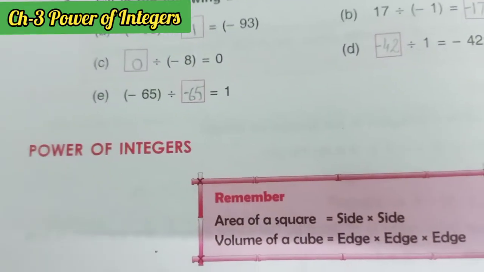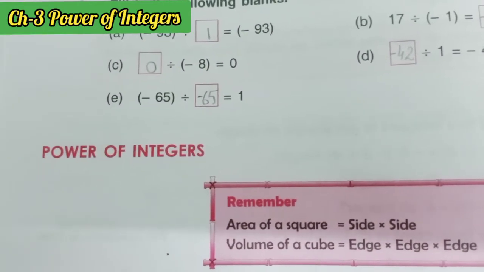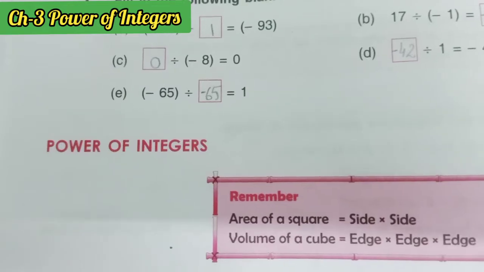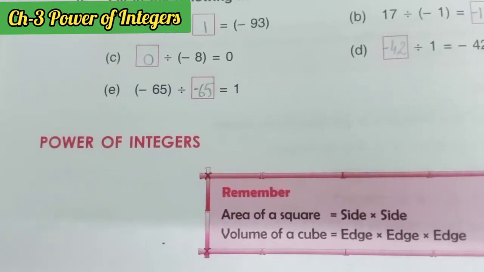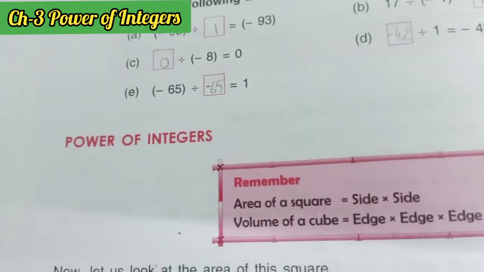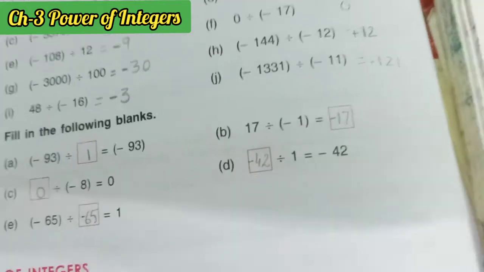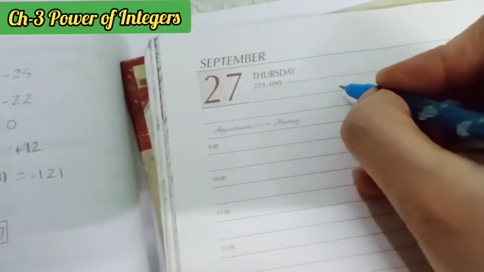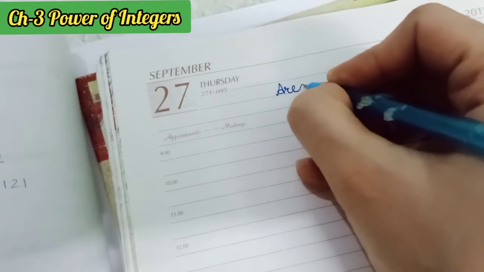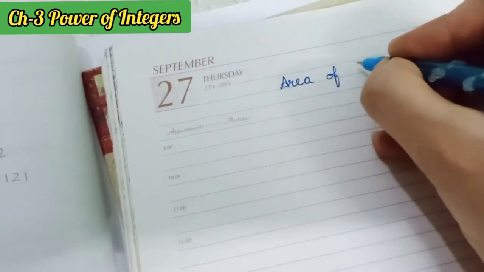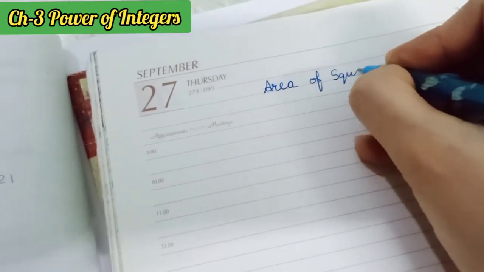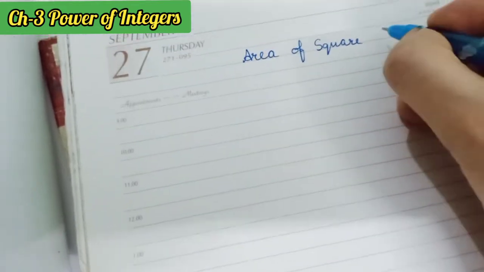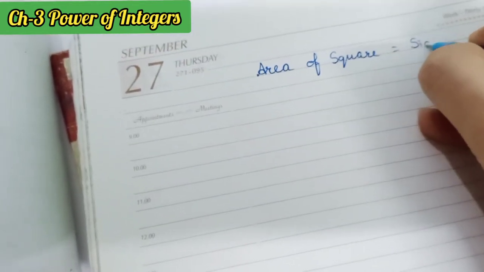Dear students, now our topic is power of integers. Beta, you all know about area of square? We will write side multiply side.